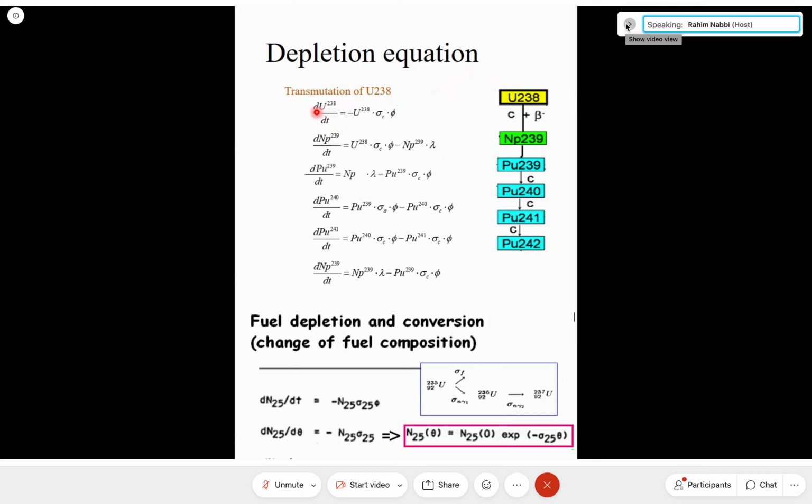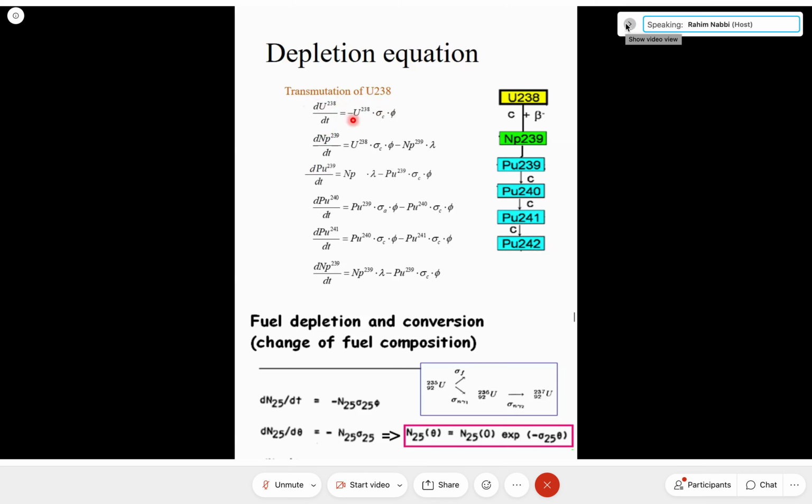And you see here, the first equation exactly describes the differential equation or balance equation. The left-hand side is the rate of change of the concentration of this nuclide, uranium-238, per second, dN/dt. And the right-hand side is only a loss term, because we don't produce any uranium-238. It is loaded into the core at the initial phase, from the beginning.